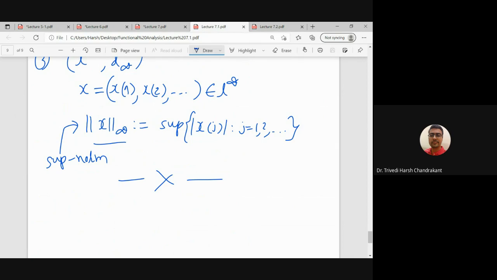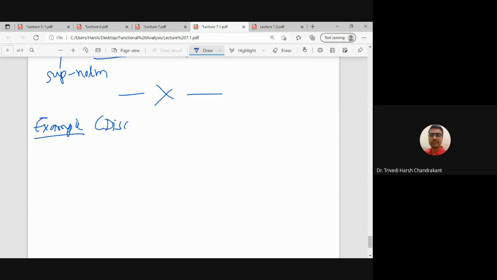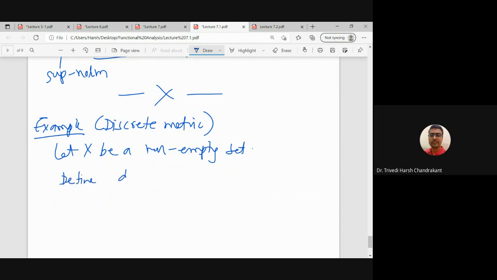Yeah, so every norm gives a metric, every metric gives a norm, and there is a trivial example of a metric. We know that on any set we can define the discrete metric. So let X be any set. We can define the metric.